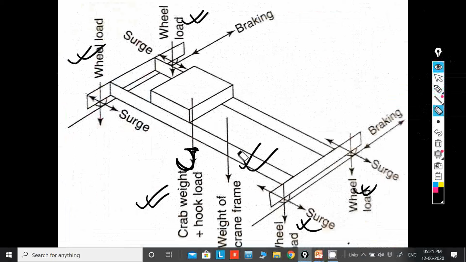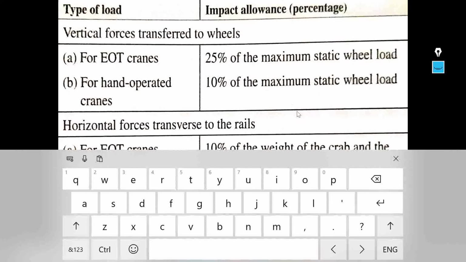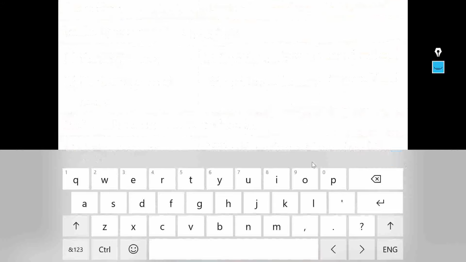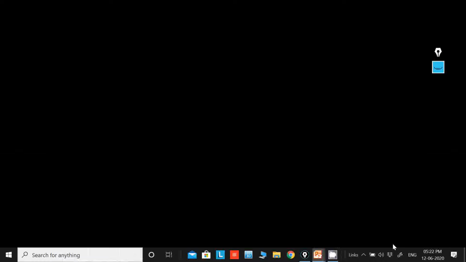All right, so at the end there is one load which is called impact load. What is the main definition of impact load?